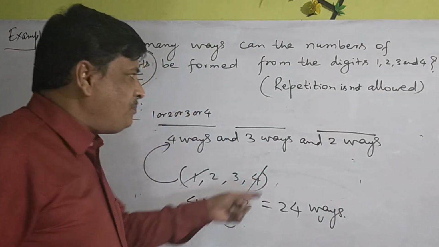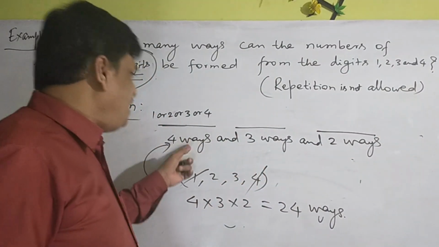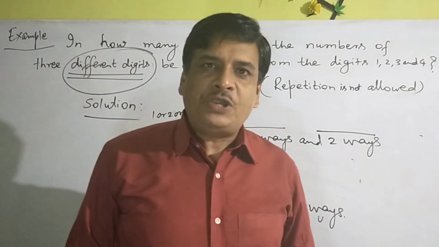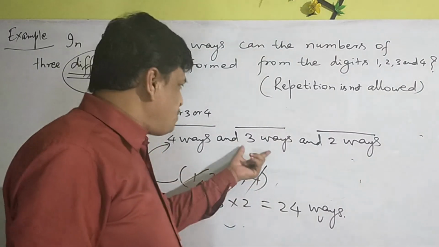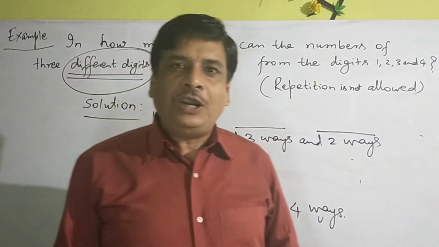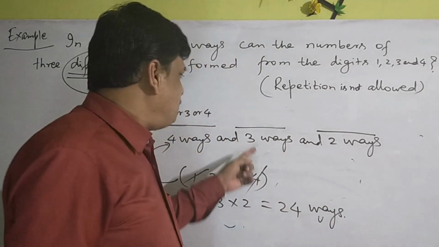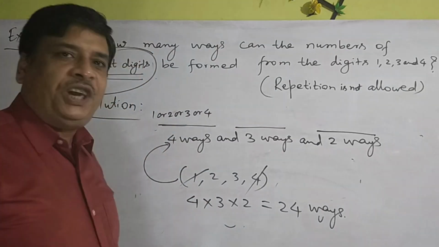So whether we fill up first from the units place, then tens, then hundreds, or start from the hundreds place, then tens, then units, we get the same result. We may also start filling from the tens place. We can observe this with the help of the arrow diagram.